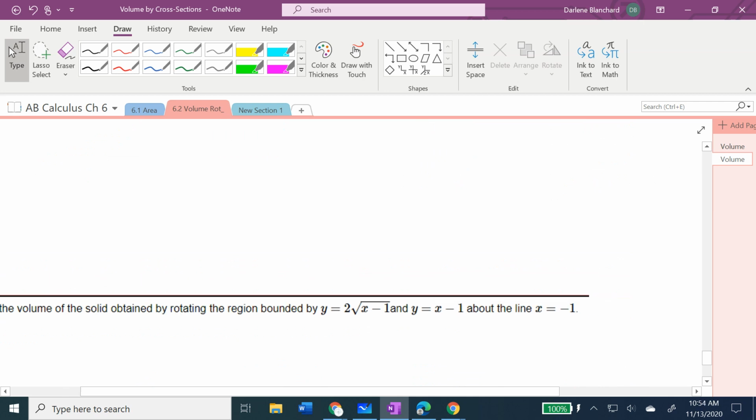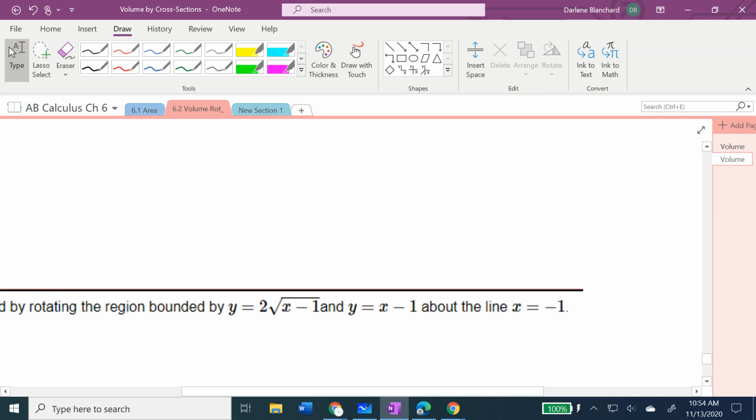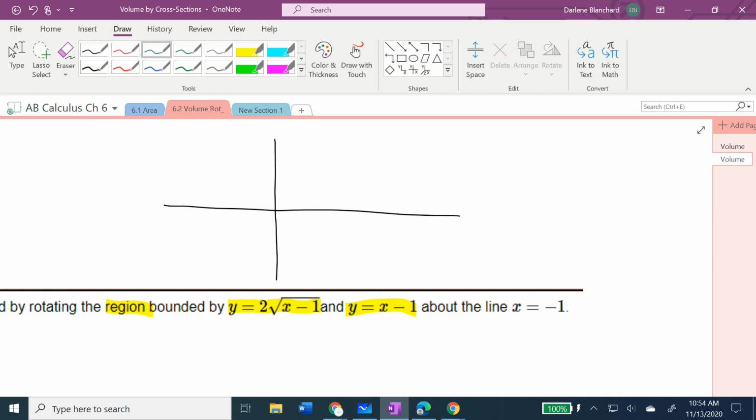Alrighty. I think this was the last one, last example. This time the region is bounded by these two functions. And again, I expect you to be able to draw these by hand.